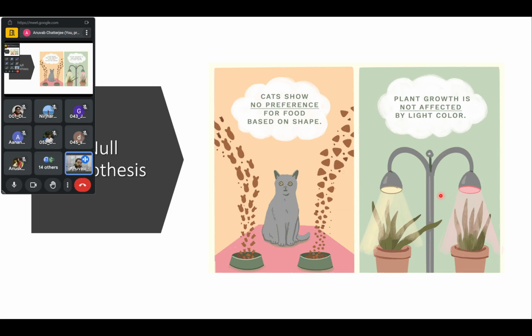Similarly, if you have a garden with lamps to light it up and want to test whether plant growth is affected by light color, then your null hypothesis would be that plant growth is not affected by light color, and you want to reject this in order to prove your hypothesis that plant growth is actually affected by light color.